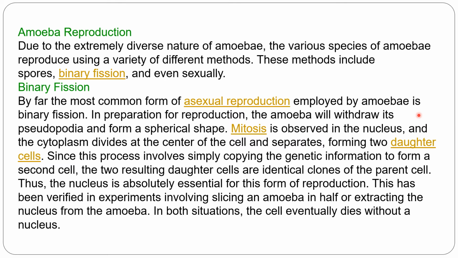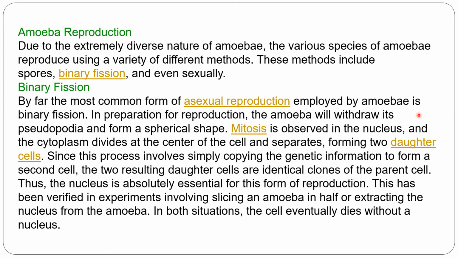Mitosis is observed in the nucleus, and the cytoplasm divides at the center of the cell and separates, forming two daughter cells. Since this process involves simply copying the genetic information to form a second cell, the two resulting daughter cells are identical clones of the parent cell.